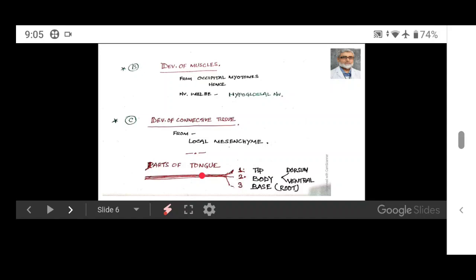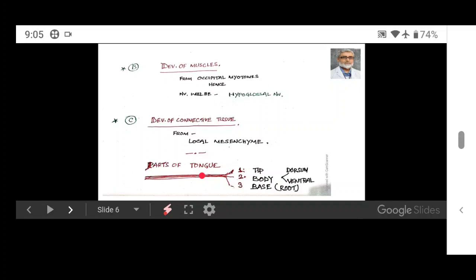The tongue is fixed at its base and free around the tip and body. It is fixed in the oral cavity only at the base, and through the base all important nerves and vessels pass. Some directly enter the extrinsic muscles of the tongue, while the intrinsic muscles and important blood vessels come through this base.